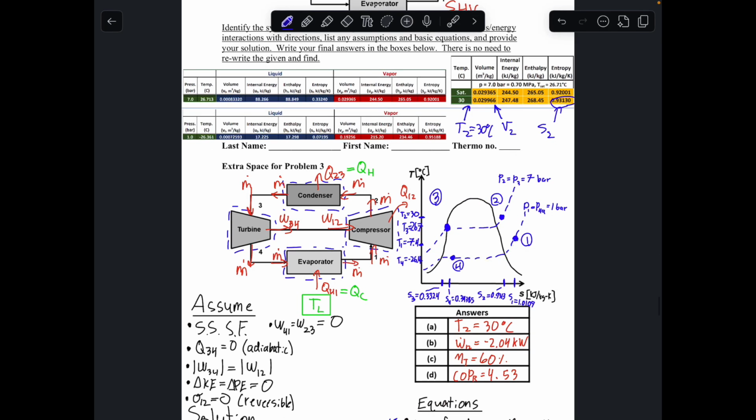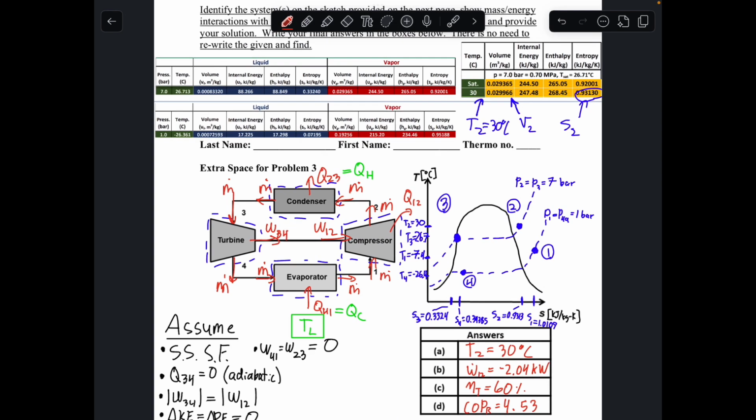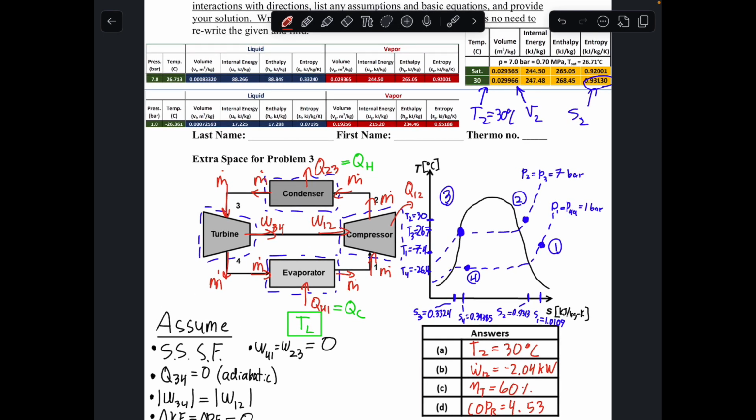So let's draw in those connections now because we're just going to go along those lines. So from 2 to 3, we just trace along the line and we'll have an arrow pointing from 2 to 3. And the same is true for 4 to 1. We will follow along this line like that.